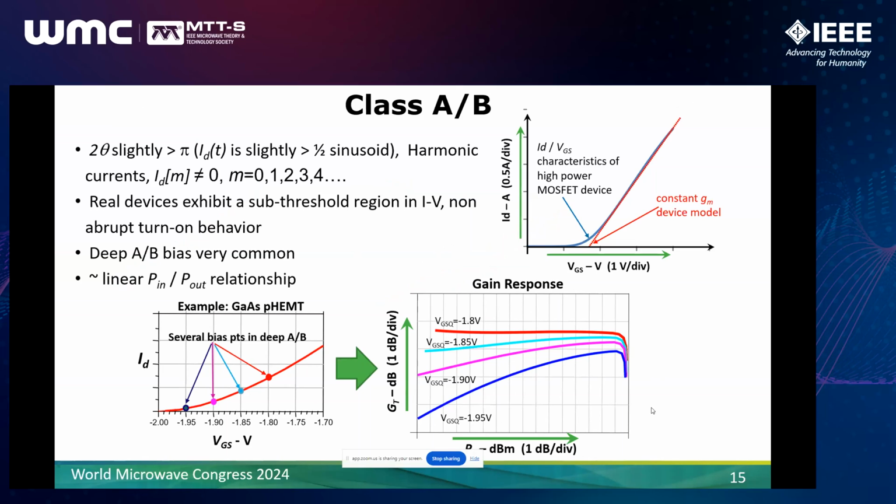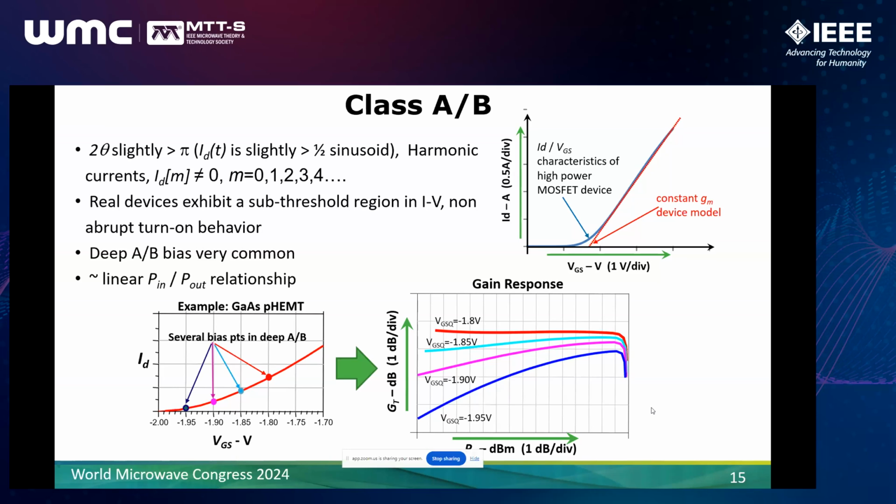So at this point, I want to deviate slightly from our linear current source and note that all devices have a subthreshold region. The current does not go from 0 to increasing at an abrupt point, as my model to date would predict.